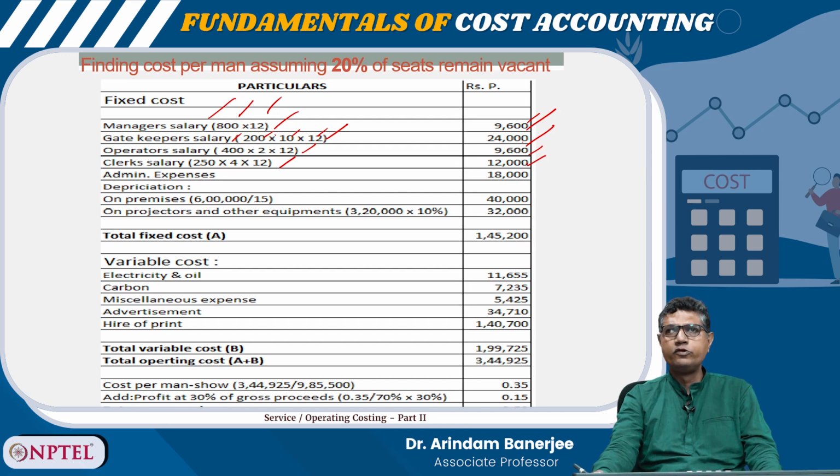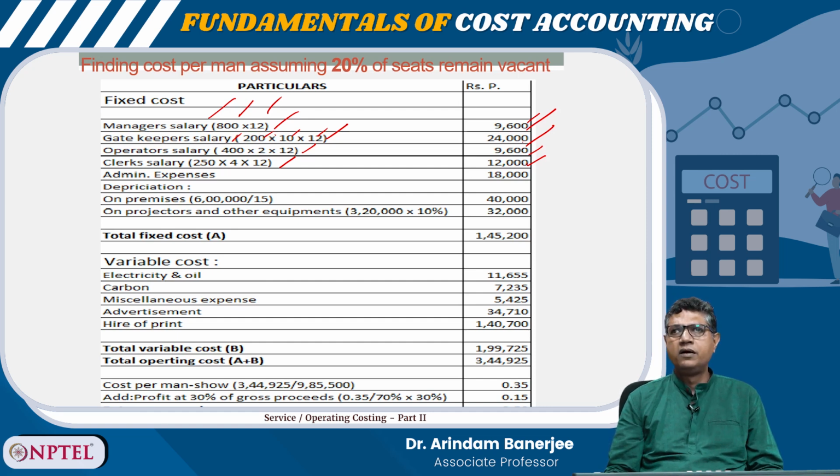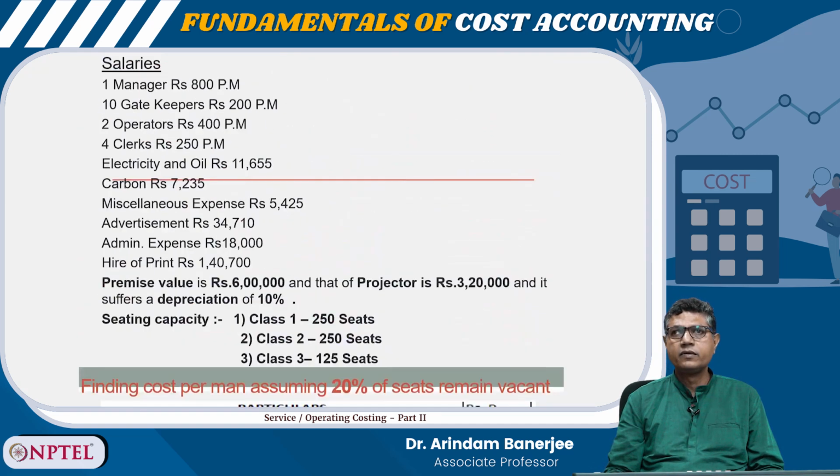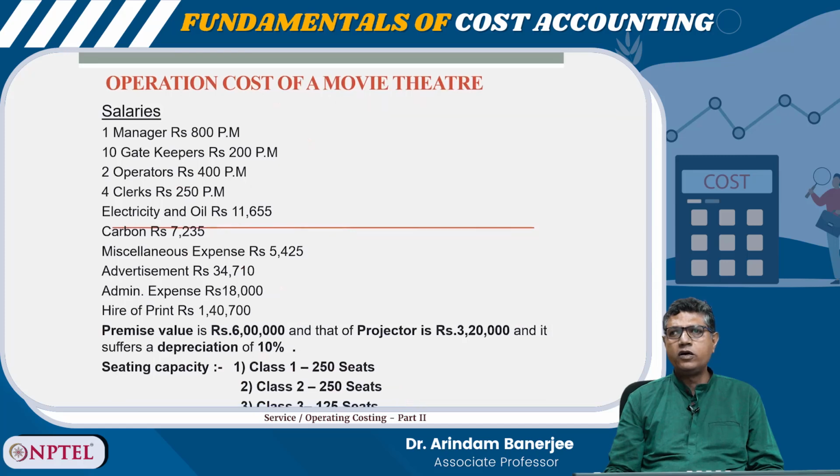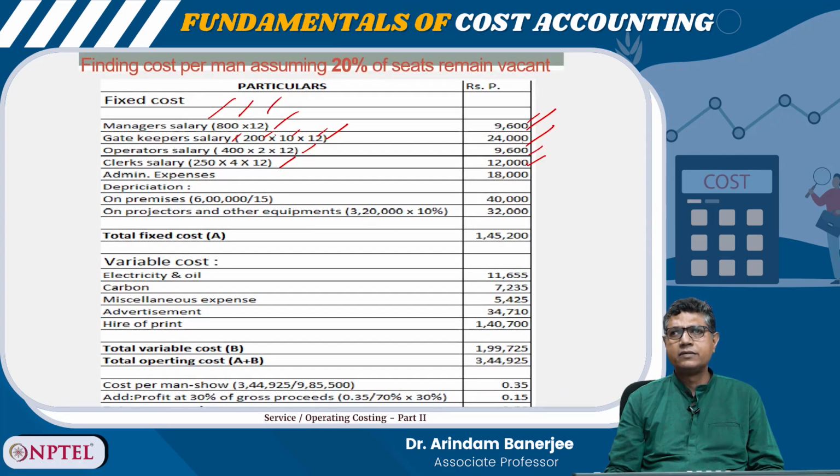So 400 into 2 into 12, 9,600. There are four clerks, each getting a salary of 250. So 250 into 4 into 12 months, so 12,000. Depreciation is 10%. Depreciation is to be taken on 6 lakh, right?